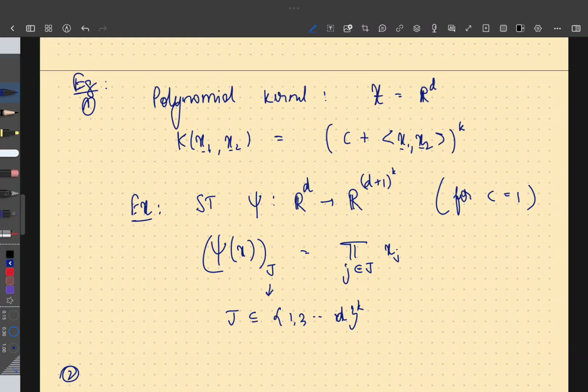All right. So maybe before I go to the next example, we'll just see how computing the inner product using the kernel is better than computing the inner product by embedding into the feature space. So if I embedded to the feature space and then computed the inner product, what would be the complexity? How many operations would I need to do if I had to first embed x1 to the feature space, x2 to the feature space, and then compute the inner product?